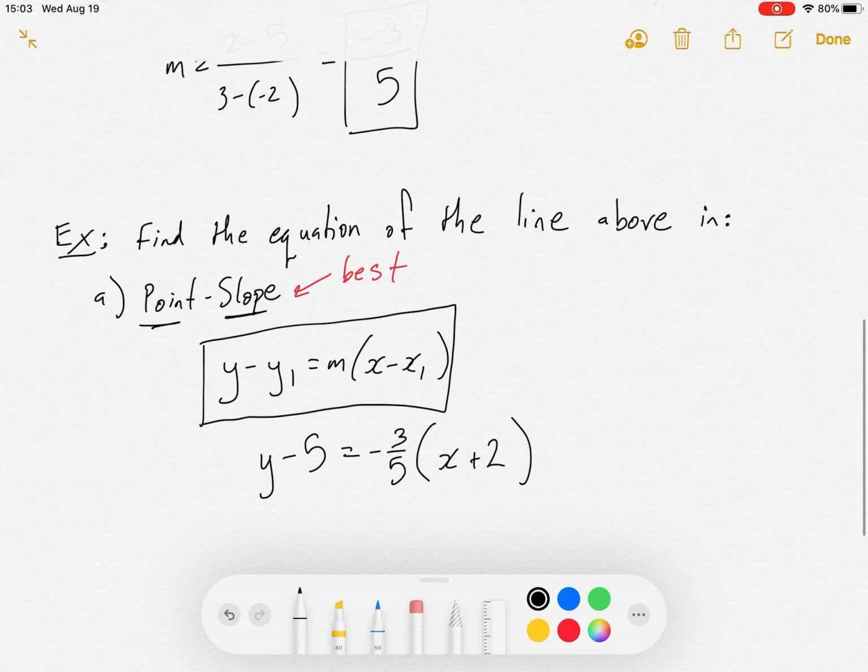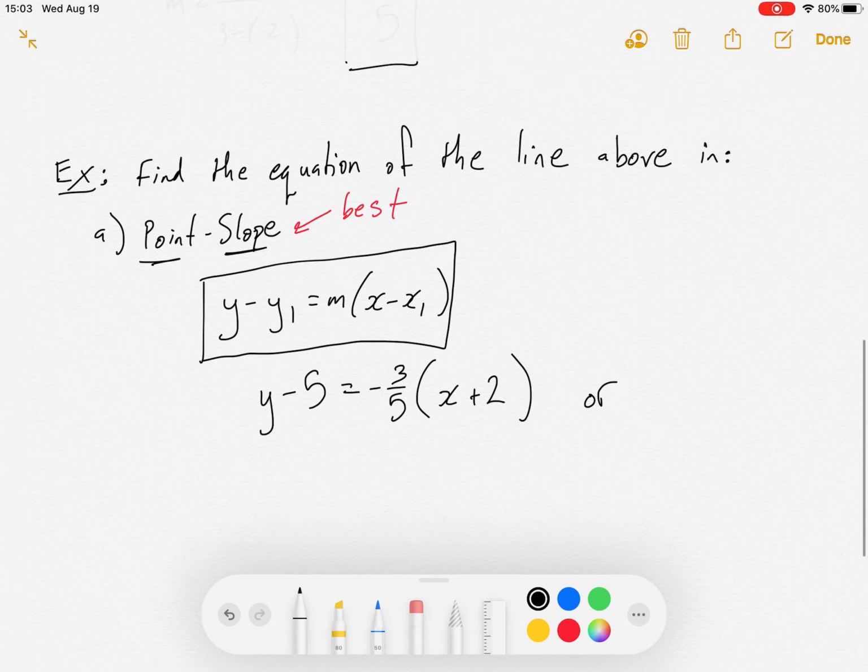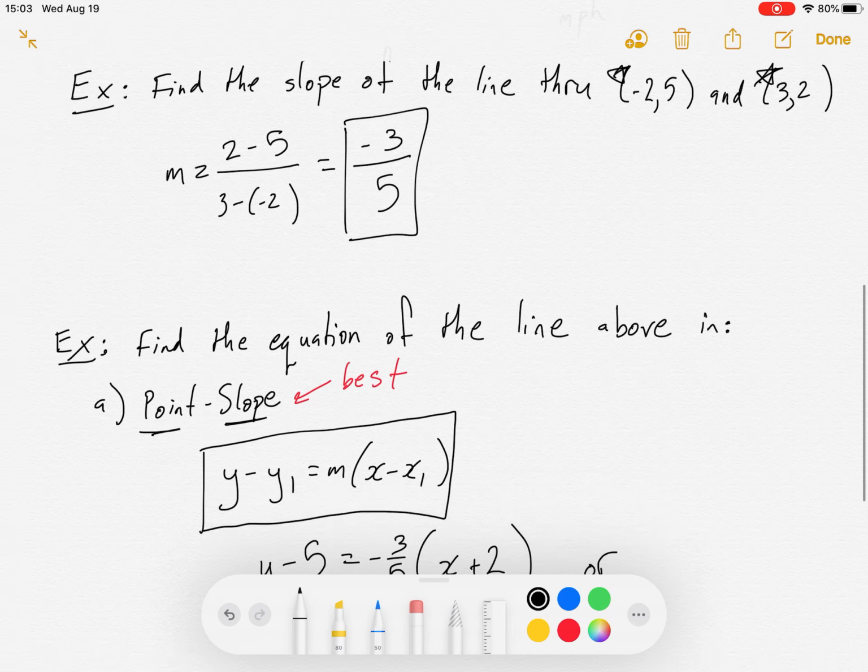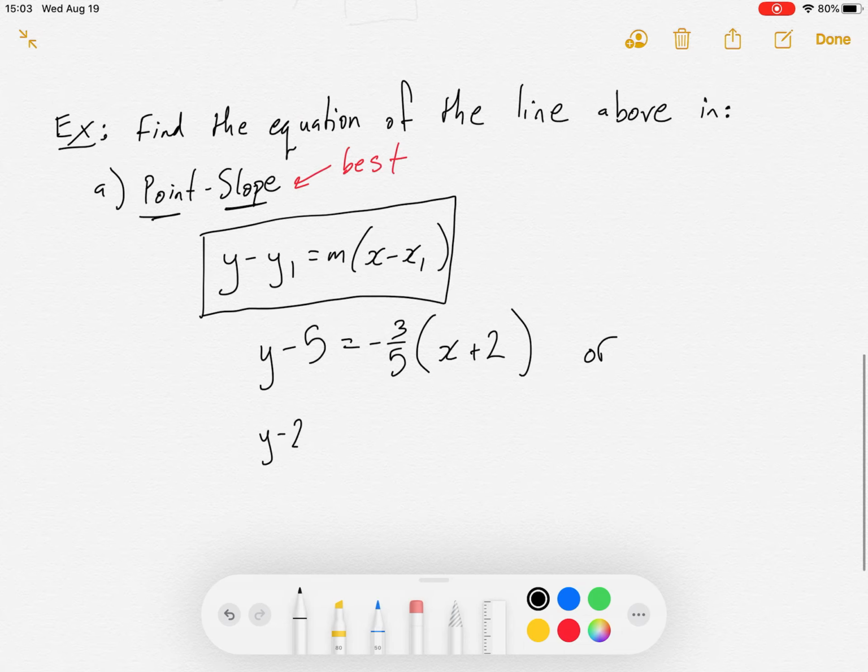That's it, we're done. That's correct. Alternatively, you could do the other one, y minus 2, and then x minus 3. Both of these are actually correct. If you tried plugging these into Desmos, you should end up with the exact same line. These are equivalent equations.